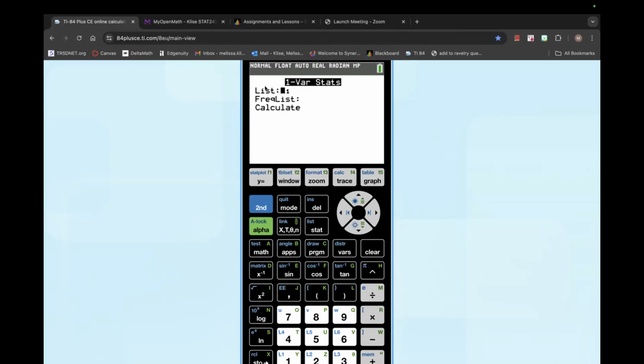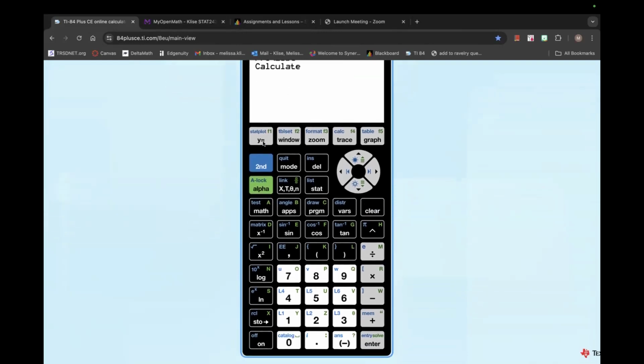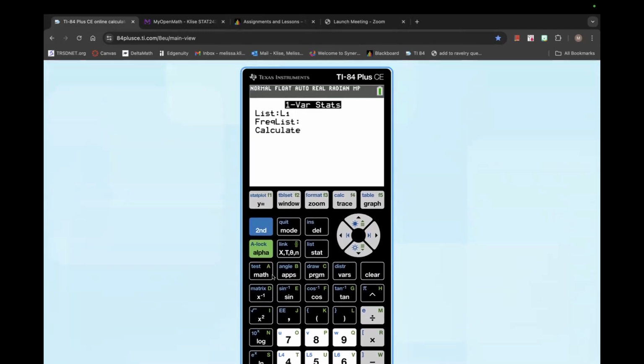I'm going to pretend my list doesn't say L1 right now. Delete it. And you want your list to be L1. The way to get L1 in there is to do second and then the number one. Sometimes you're working with more than one data set and you'll put one data set in L1, another in L2, another in L3, and you keep going.